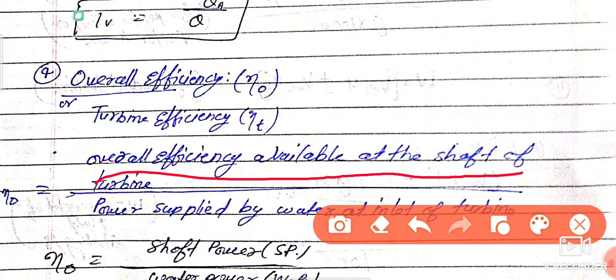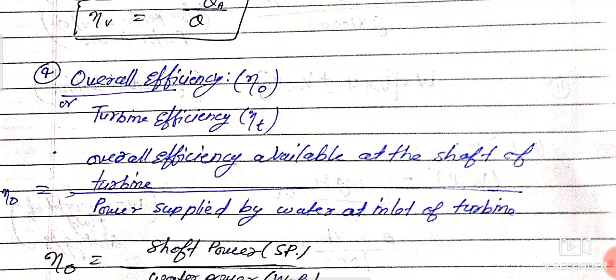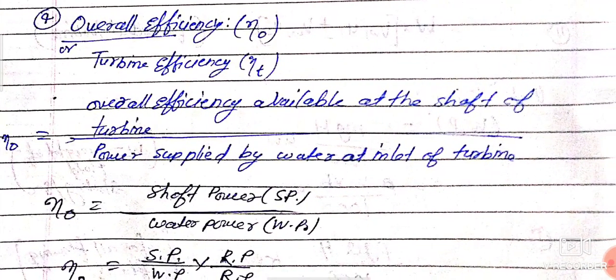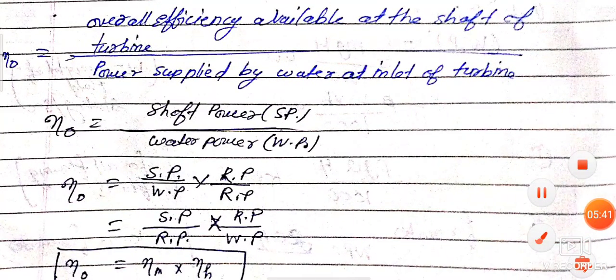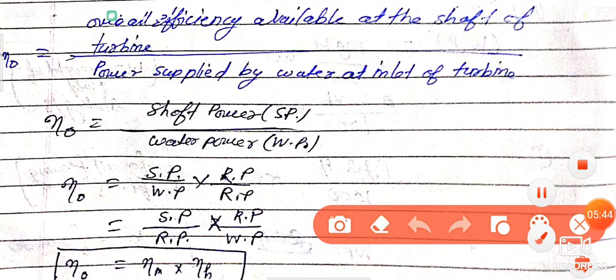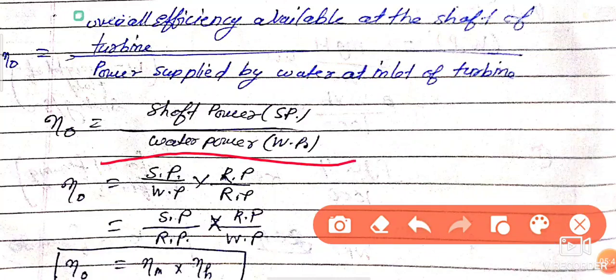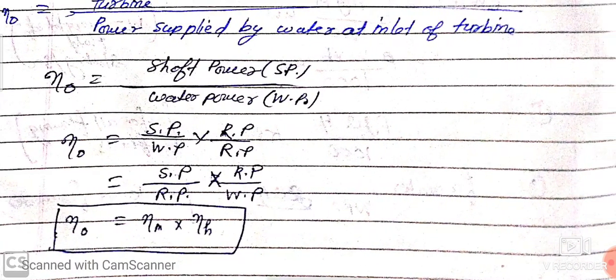It can be further written as overall efficiency is equal to shaft power upon water power. Overall efficiency is equal to mechanical efficiency into hydraulic efficiency.